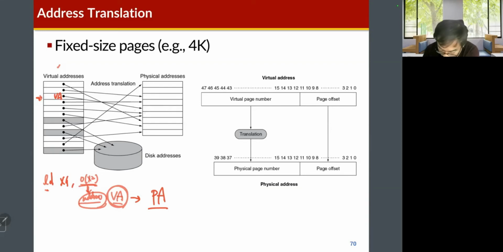This virtual address is mapped to the physical address here. Then the processor needs to access the DRAM with this physical address and return data to the load instruction.